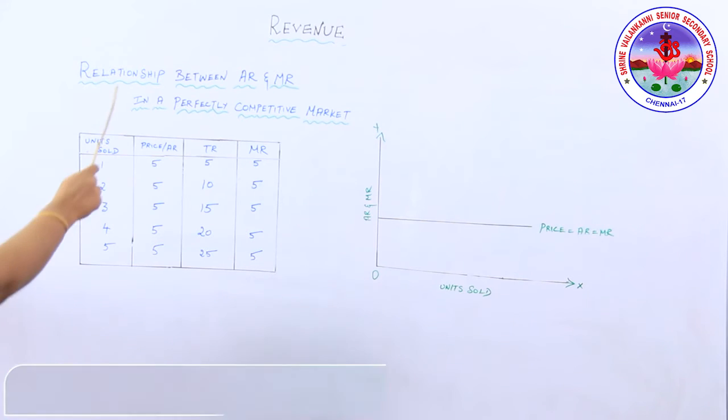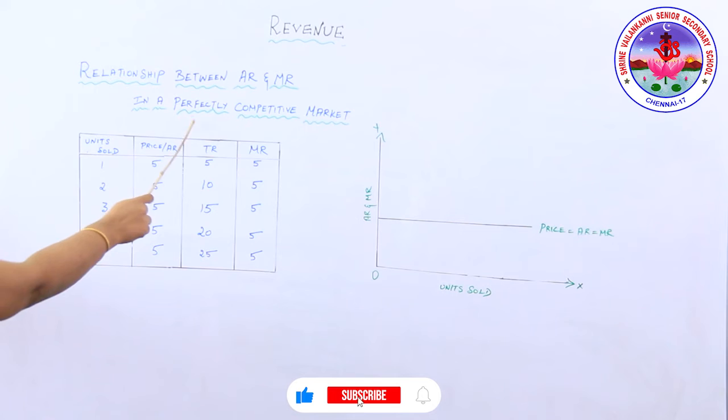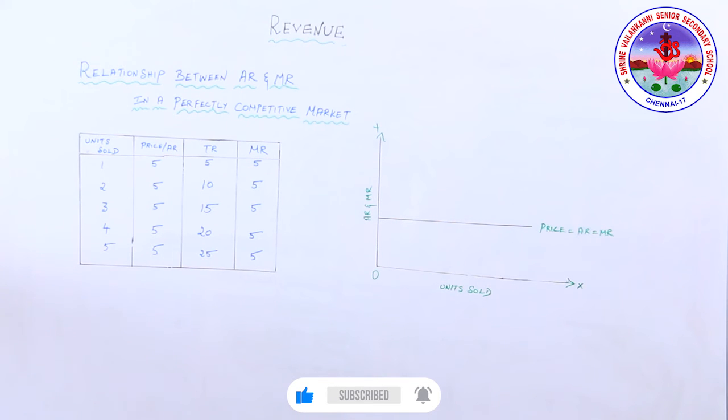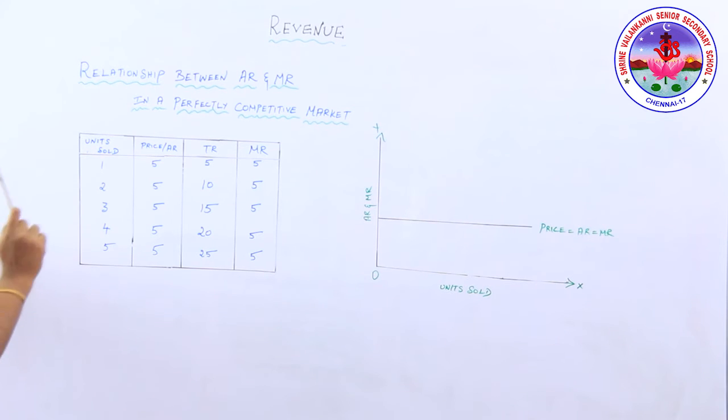Now the relationship between average revenue and marginal revenue in a perfectly competitive market, that is, when price remains constant. What will happen in this situation? The firm has to accept the same price as determined by the industry. It means any quantity of a commodity can be sold at the particular price.